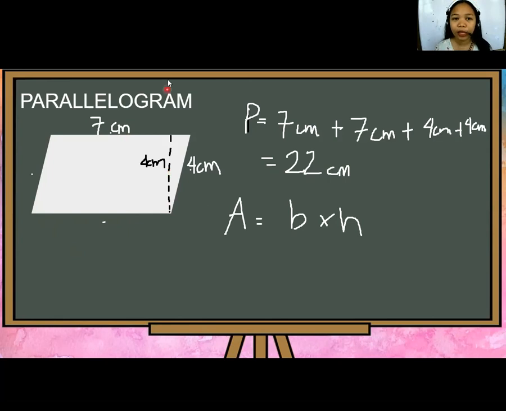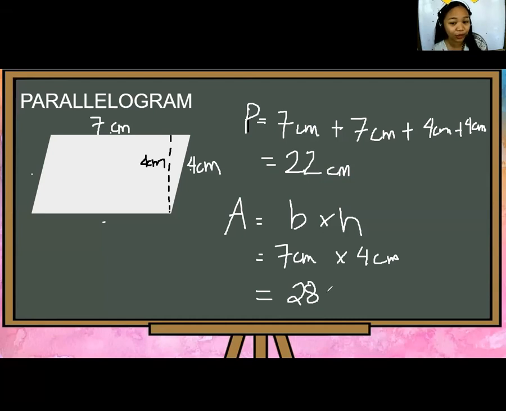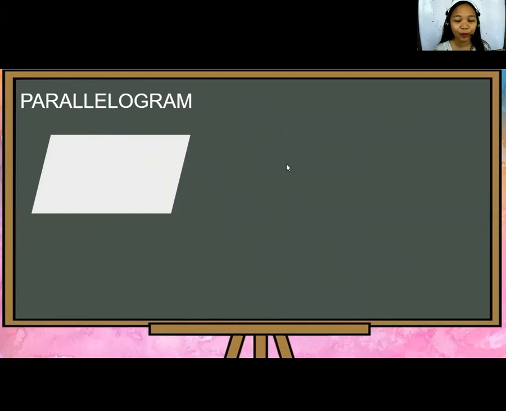Now, so that is 7 centimeters times 4 centimeters. 7 times 4, that is equals to 28. Centimeters times centimeters, that is equals to centimeters squared. So that is how you get the perimeter and the area of a parallelogram.